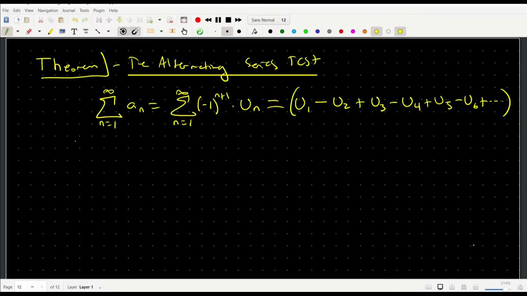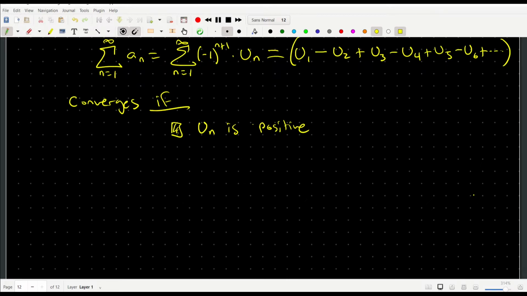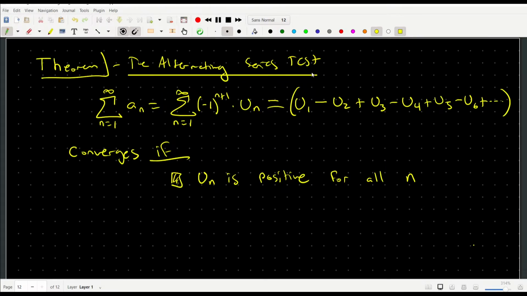This series will always converge if the following conditions are true. The first condition is that each one of these u_n has to be positive. So this means these terms are generally going from a positive term to a negative term, a positive term to a negative term.